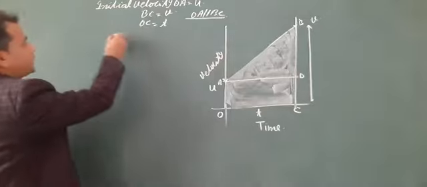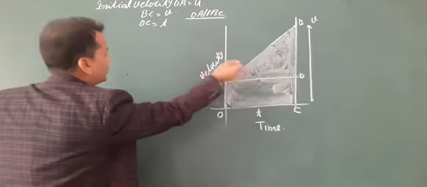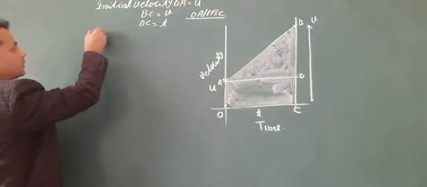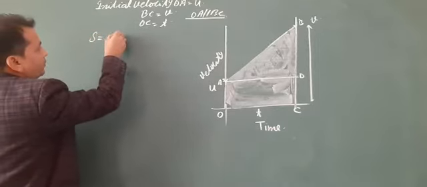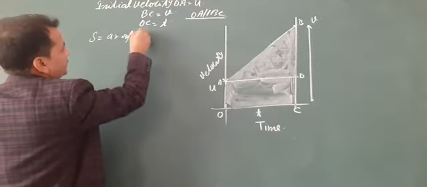So the distance traveled by the object, s, equals the area of the trapezium.